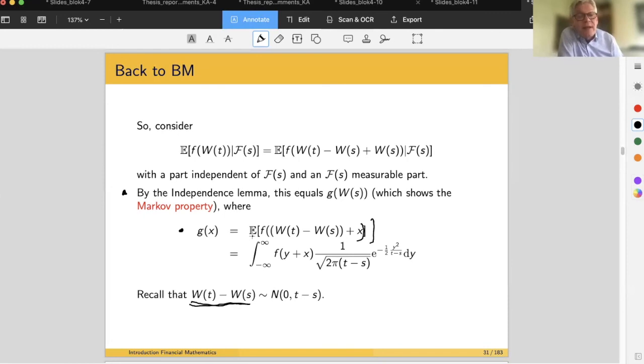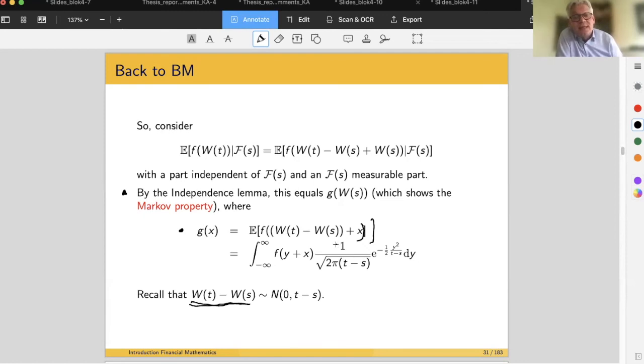This is an expected value of some function, and that is by definition the integral from minus infinity to infinity of this function. We write that as f(y plus x), where we call this y, times the probability density function of y.